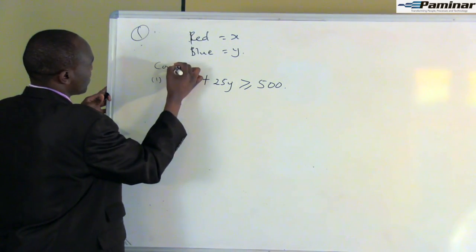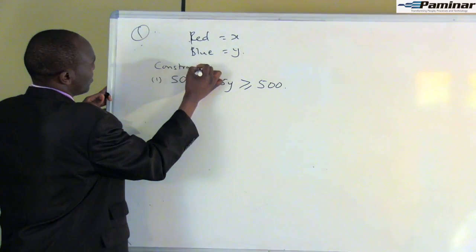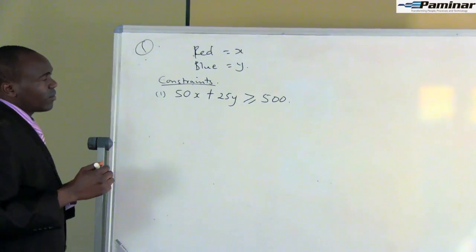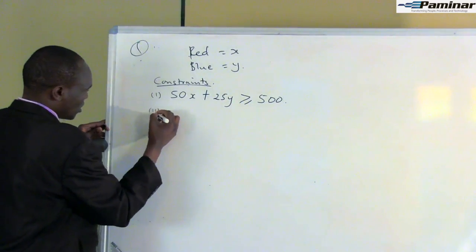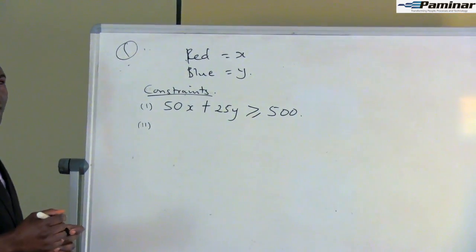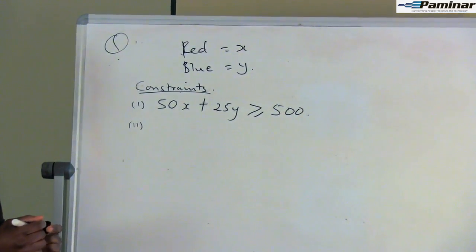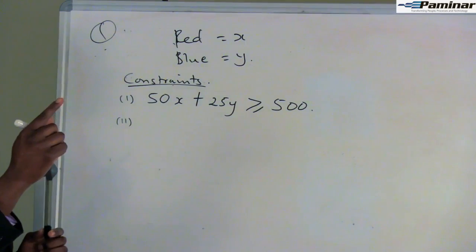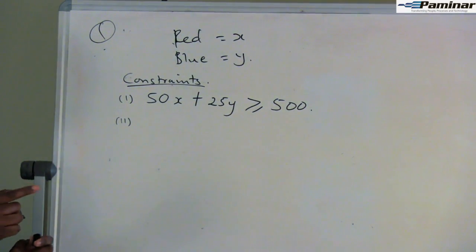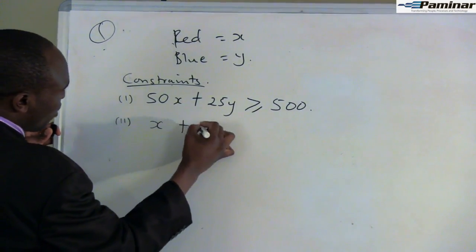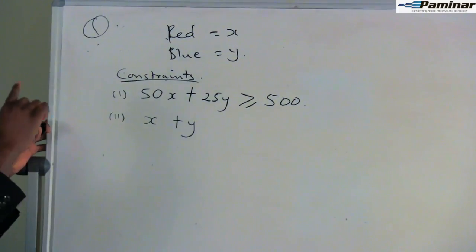We're talking of constraints. Now, number 2. The company has at most 50 bus drivers available. The company has at most how many? 50 bus drivers. Whether the driver is on X or on Y, they should be at most 50.